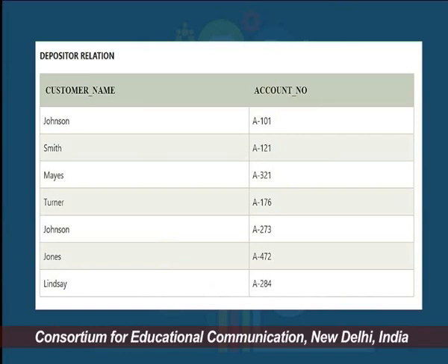So the same number of attributes, same fields are there. Now if we want to take a union of borrower and depositor: depositor is a separate relation having the names of customers who have deposited money. Similarly, the customers who have taken loans are recorded in the borrower relation.